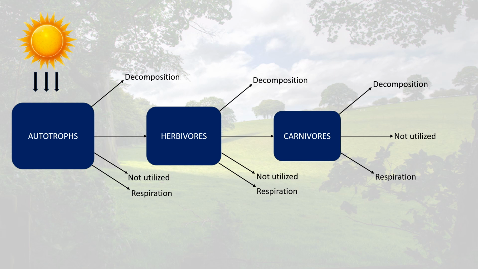Some is reflected back to space and not utilized, some is given out due to respiration, and some is given out to the decomposers. In this way, the energy is passed on to the successive trophic levels.